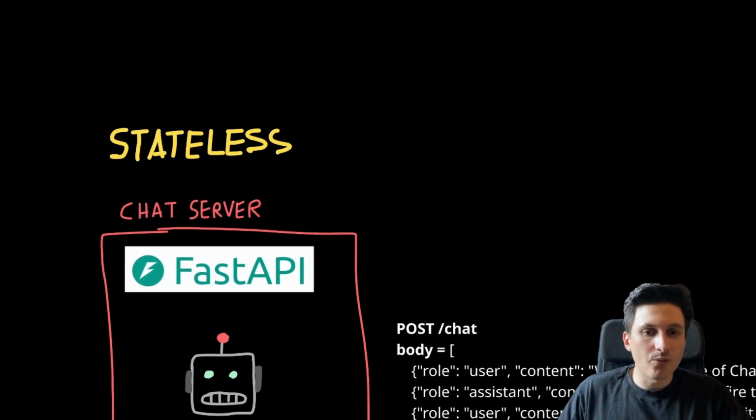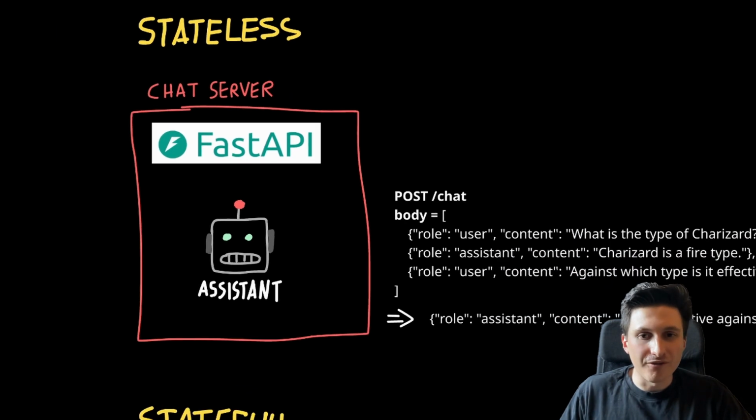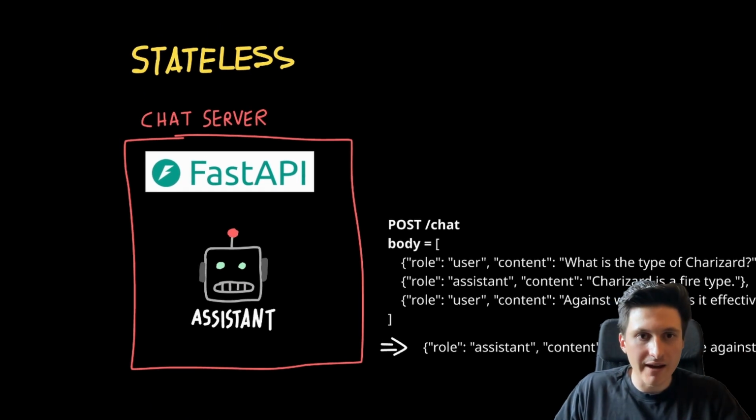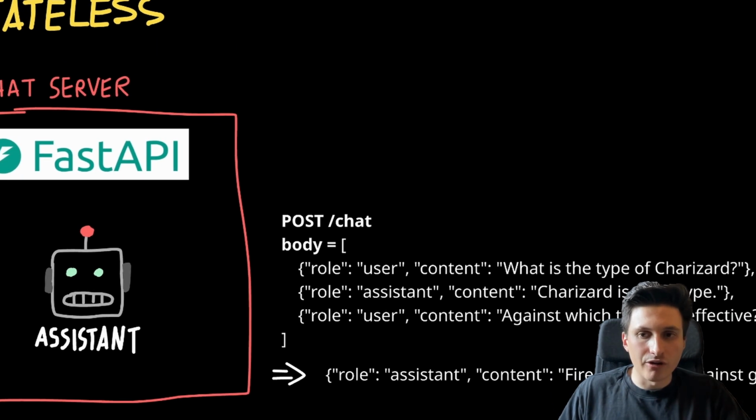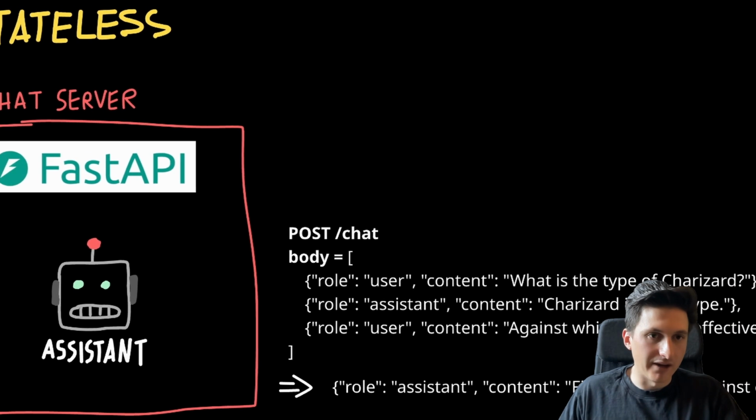So we also need a way of letting outside services, like for example our frontend, communicate with our assistant. So we need to define an API, which is basically a server that offers a certain endpoint, for example a chat endpoint, where people can pass their conversation to our assistant and the assistant will send the answer back.